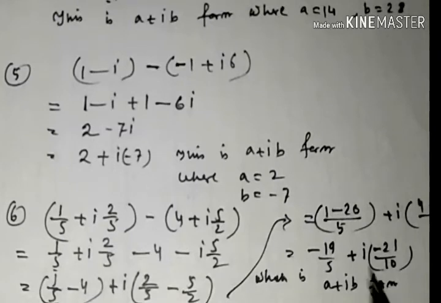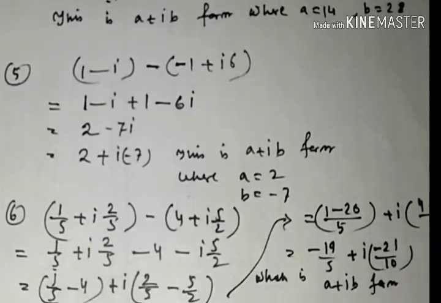Here A is equal to minus 19 by 5 and B is equal to minus 21 by 10. This is all about the preliminary problems for complex numbers. Next class I shall also discuss some more problems. So for today I have finished my lecture.